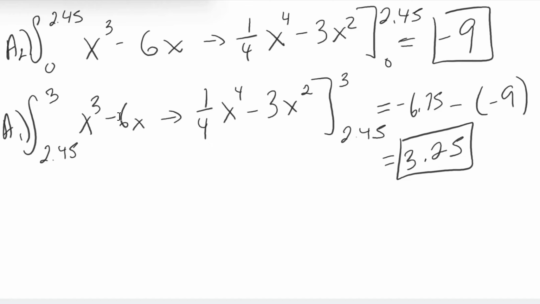If we put them all above the curve, so if we're going to rotate it, you'd add those two and get 12.25 as the total area from the x-axis to the curve, because area can't be negative in that situation. I don't want you to get confused with that, though, because the answer to this question is -6.75, not 12.25.